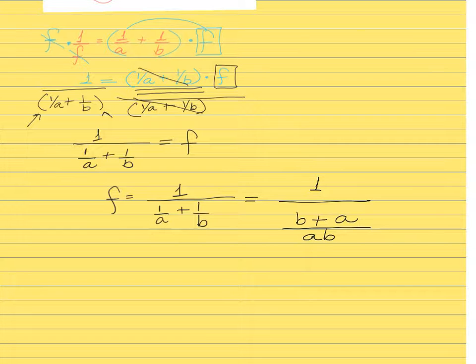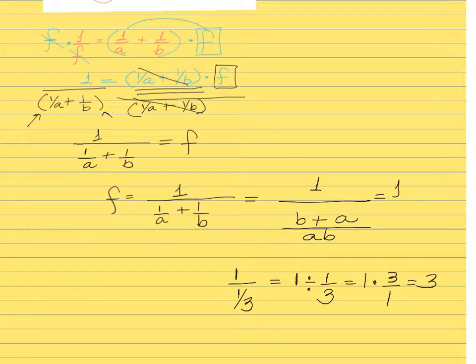Since I have 1 over this expression, remember that 1 over 1 over 3 is the same as, you are dividing by 1 over 3, the same as multiplying by the reciprocal. See, 1 over 1 over 3 is 3.